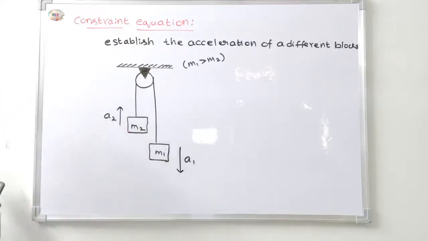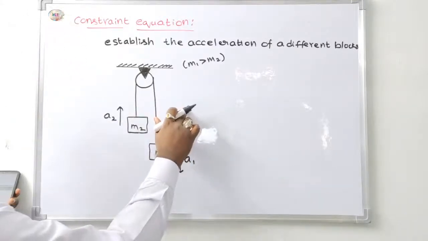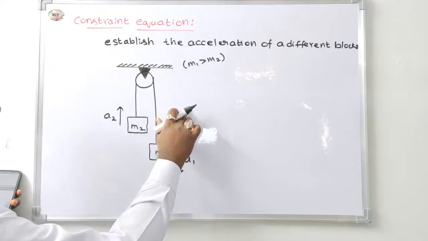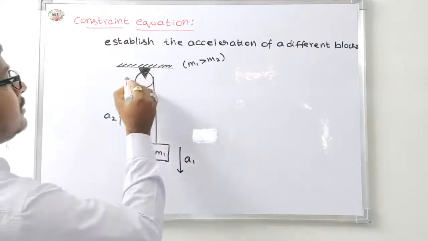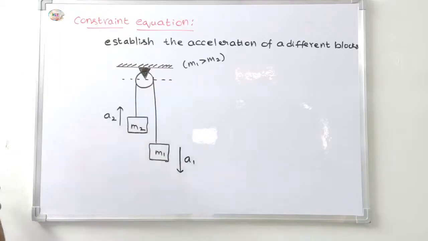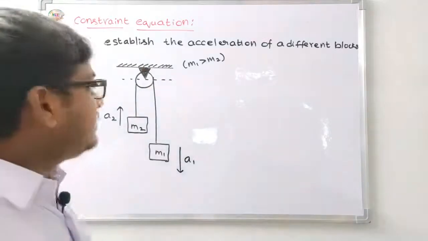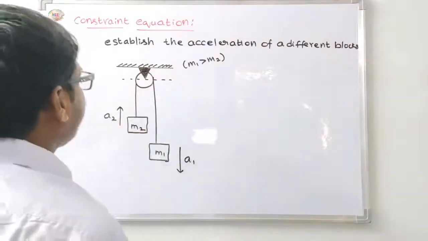In this case, locate the position of each block from a fixed point, depending on convenience. This is the fixed point, like a dotted line at the center of the pulley in this case.